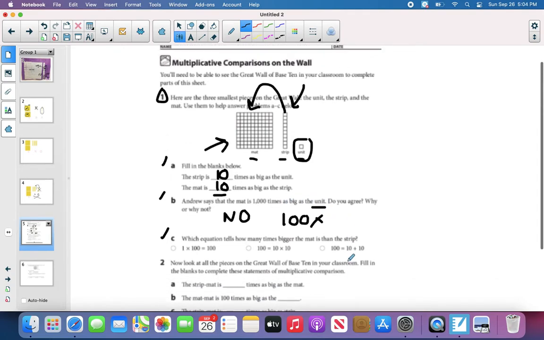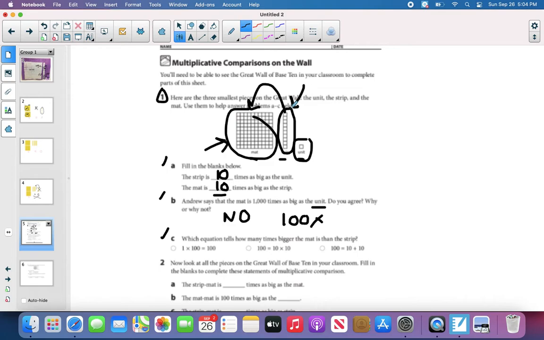C. Which equation tells how many times bigger the mat is than the strip? Click pause. Welcome back. An equation, again, has an equal sign. How many times bigger is the mat than the strip?